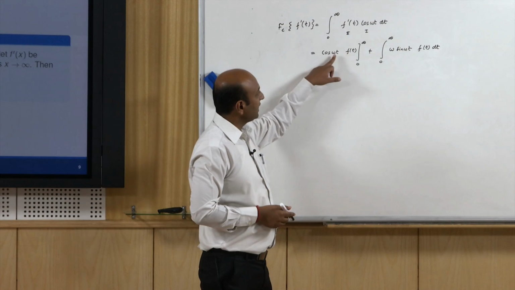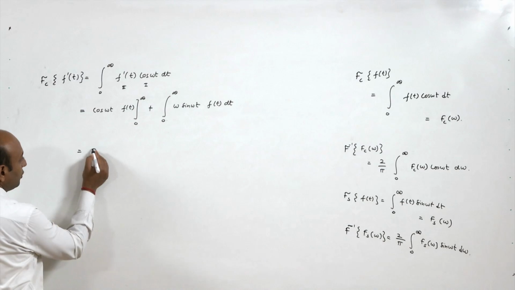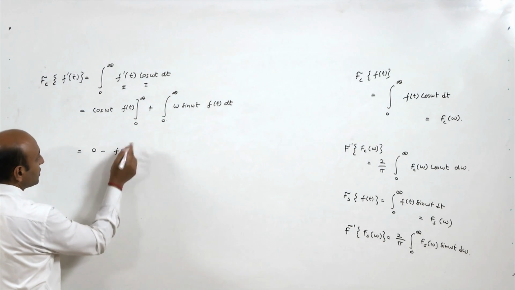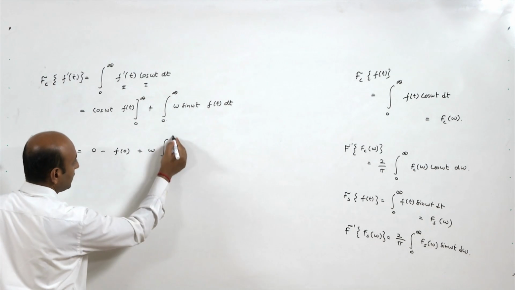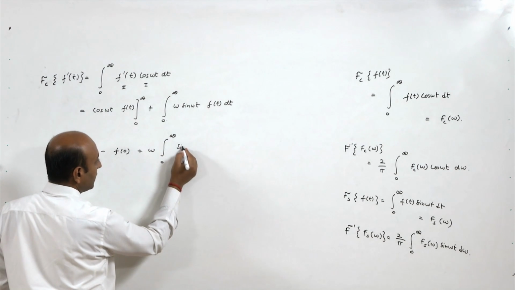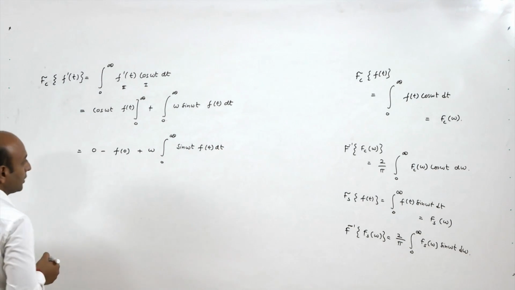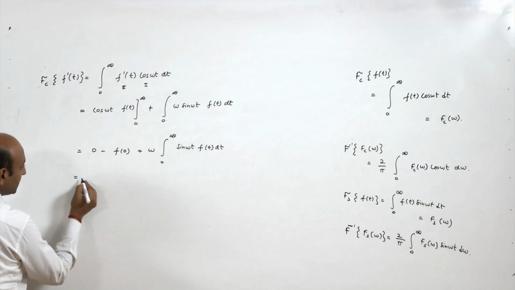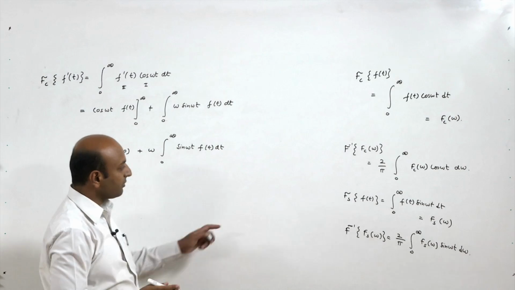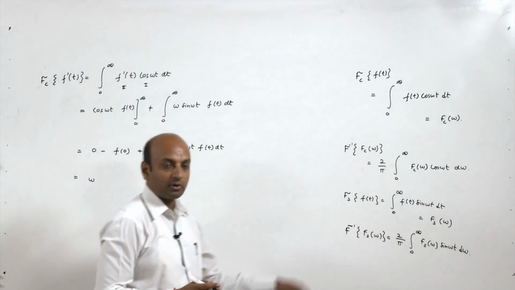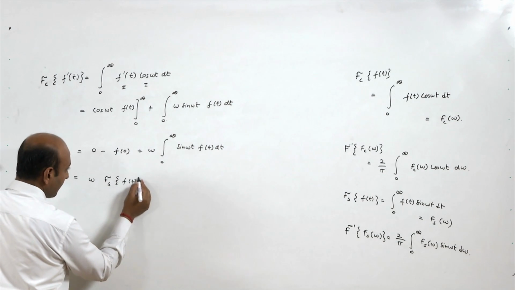Zero into some finite quantity is 0, so it is 0 minus f(0), because when t is 0 it is f(0), plus ω times the integral from 0 to infinity of sin ωt f(t) dt. This is nothing but ω times the Fourier sine transform of f(t). So, this is ω times the Fourier sine transform of f(t) minus f(0).